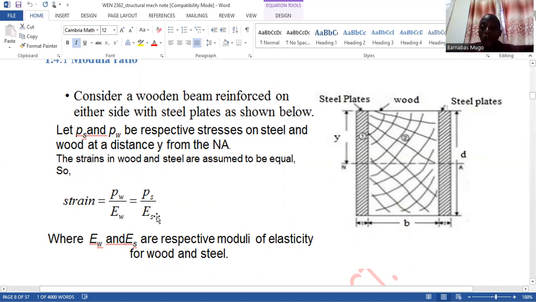And therefore, you are going to get the strain of the two materials.